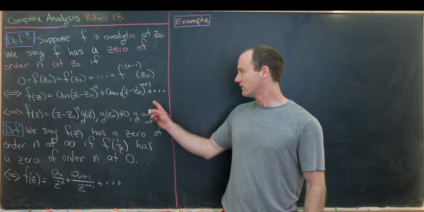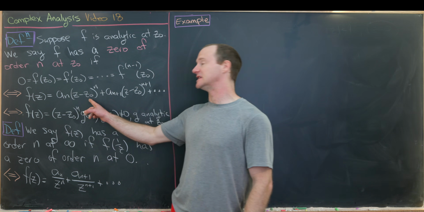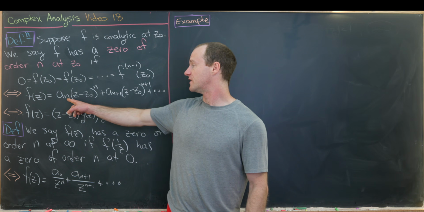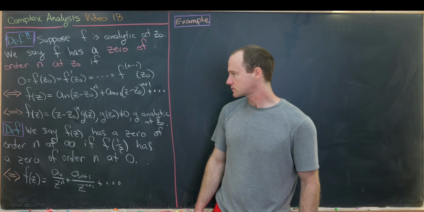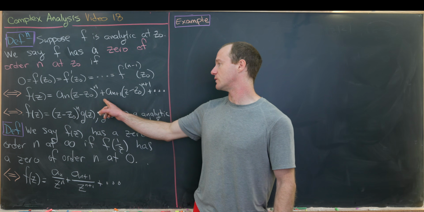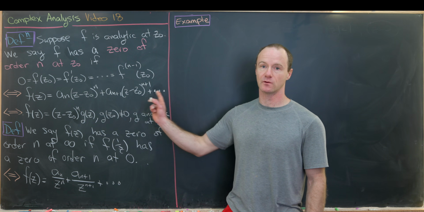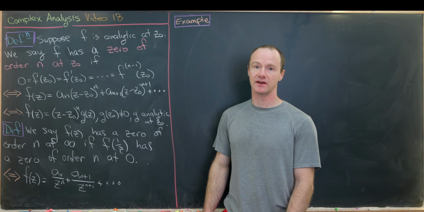But that's equivalent to the Taylor expansion of f about z naught starting with the nth term. So it starts with a sub n times (z minus z naught) to the n, then we have a sub n plus 1 times (z minus z naught) to the n plus 1, and so on and so forth. So we've got an infinite tail in that direction.